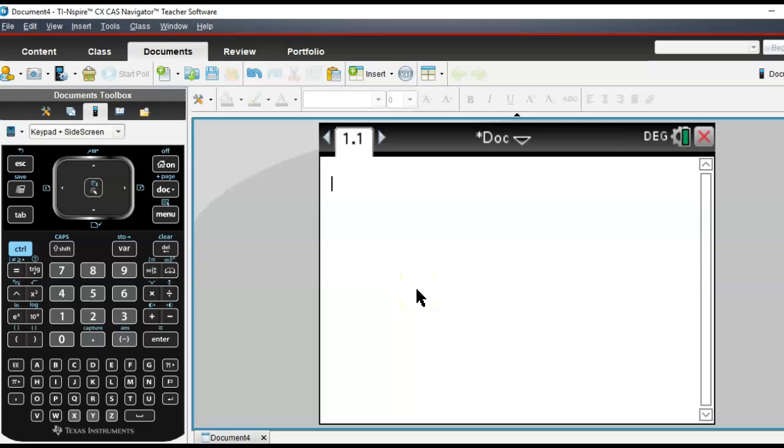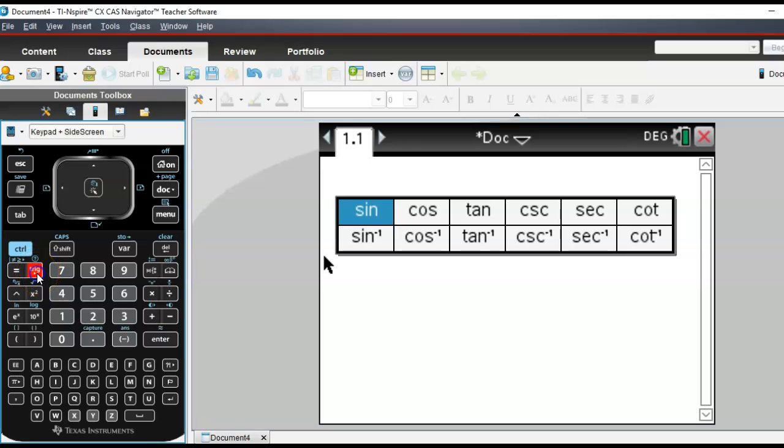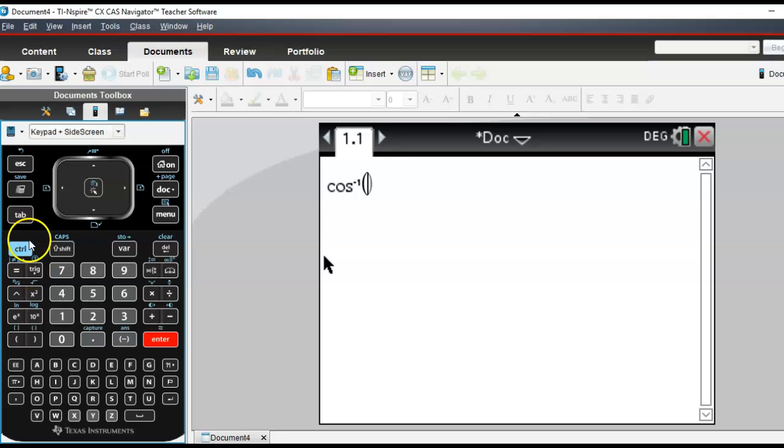So what do I have to do? I have to find the inverse cos of 10 over 14. We've got here our trig button on our CAS calculator, and you can see there we have all our options. All our trigonometric things we need are just under the one button. So there's our inverse cos.